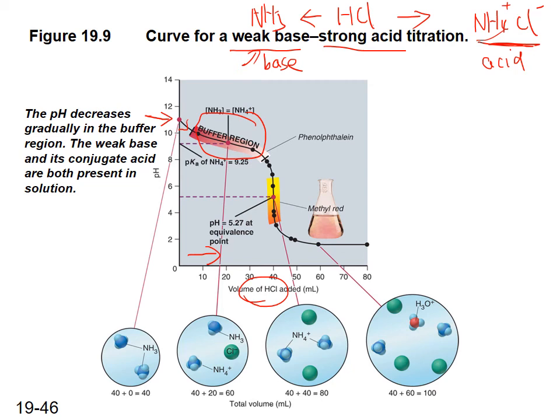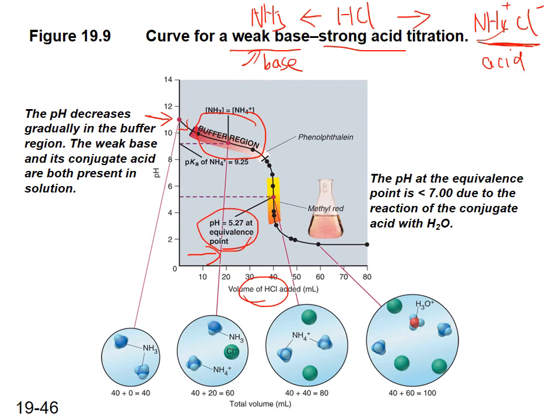Another important feature is the equivalence point. The equivalence point pH is less than 7, because at the equivalence point, all the ammonia and hydrochloric acid react to form the salt ammonium chloride. But ammonium chloride is not a neutral salt.